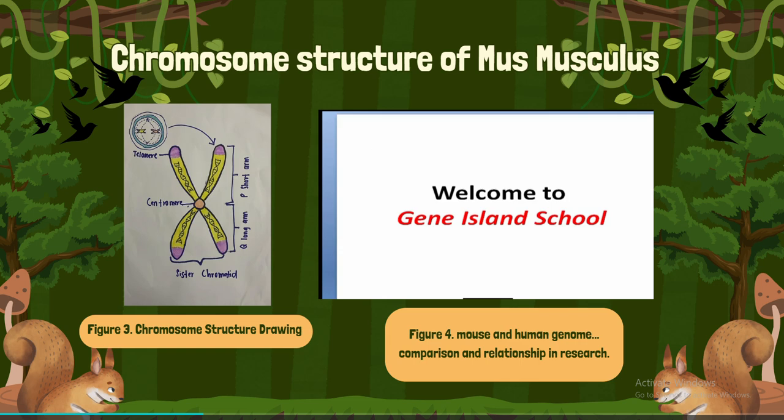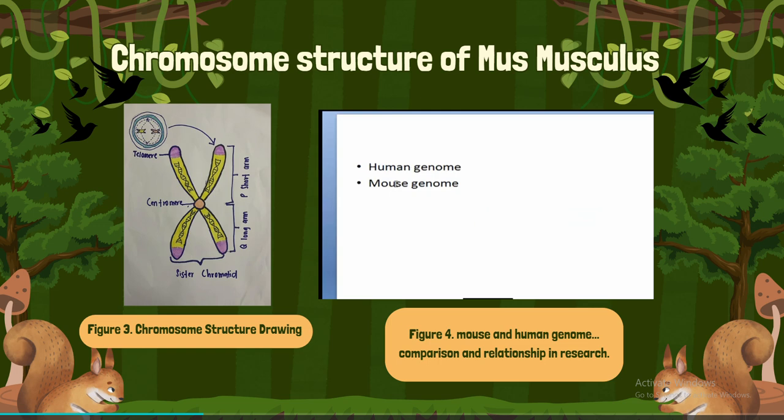So today we will learn about one of the most important topics of genetic engineering, and that is the mouse genome and the human genome. Everybody knows about the human genome, but in the laboratory we normally use the genome of the mouse, because human genomes are not available to use, or there are some ethical matters, so the mouse genome is used in genetic engineering laboratories and for research work.